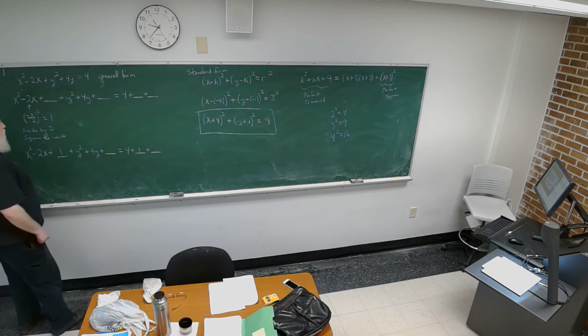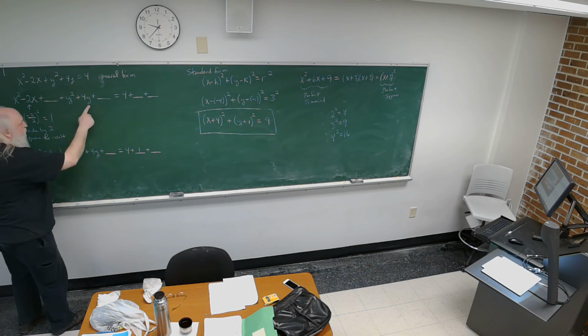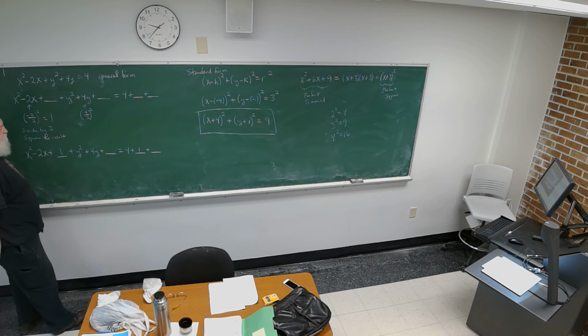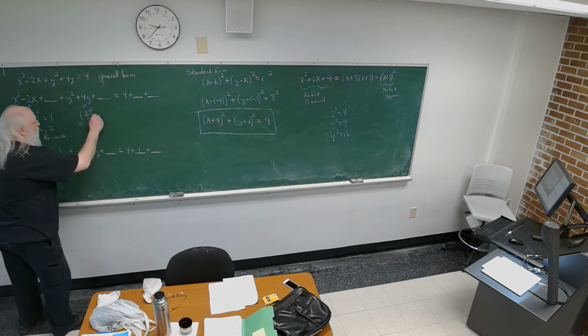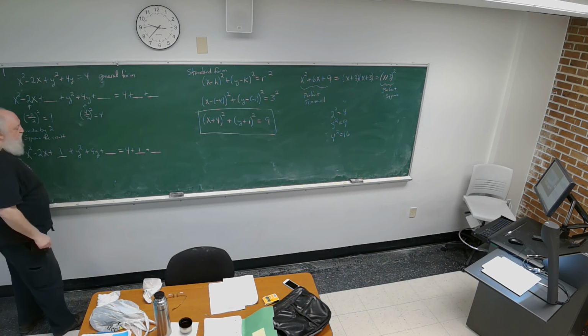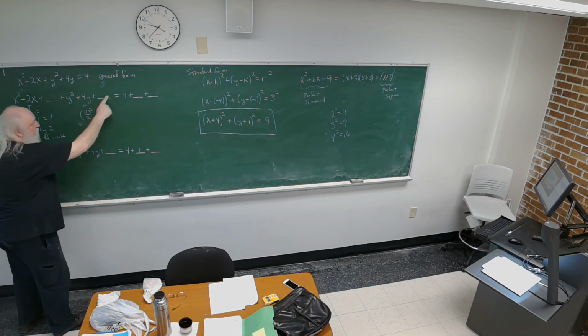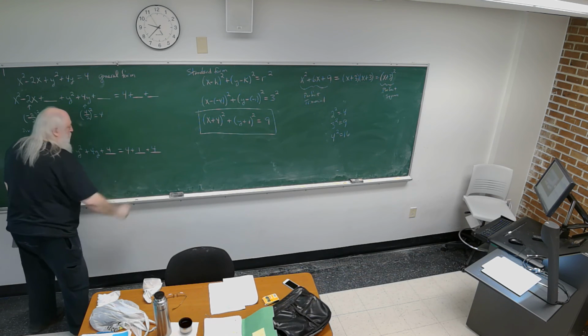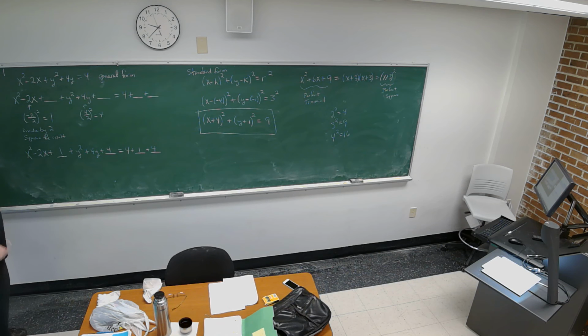Now to create a perfect trinomial on the variable y, we take the number in front of the variable y here, which is 4. We divide it by 2, and then square the result, just like we did over here. Well, 4 divided by 2 is 2, and 2 squared is 4. So now we're going to add 4 here and over here to create the perfect trinomial in the variable y.